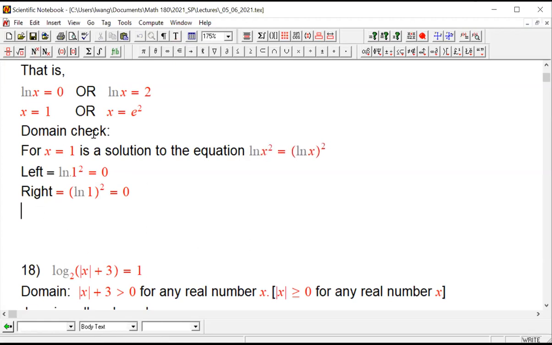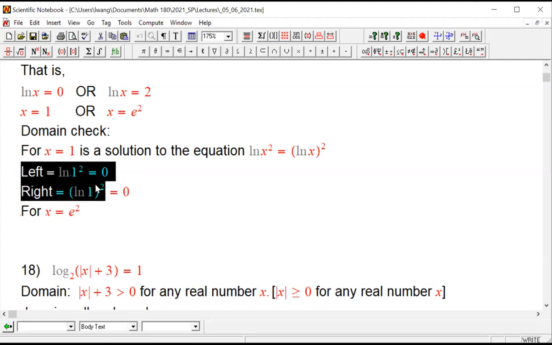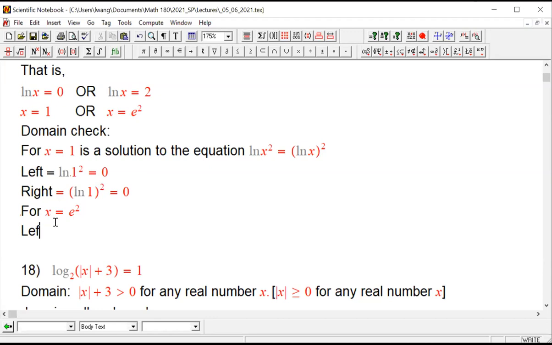Okay, so how about for x equals e squared? Yes, you still do the left and right, right? So left equals ln x squared.